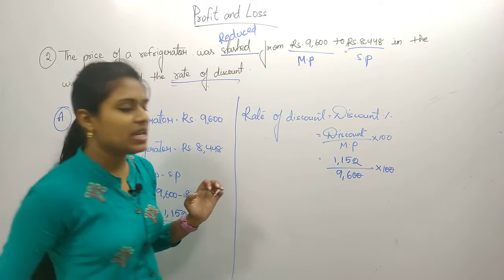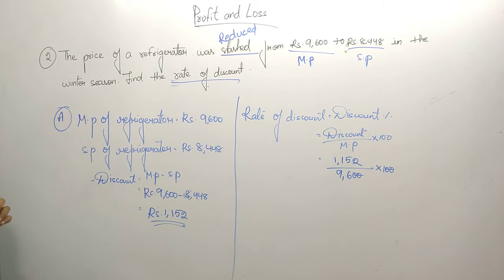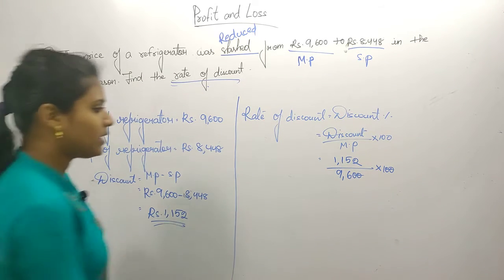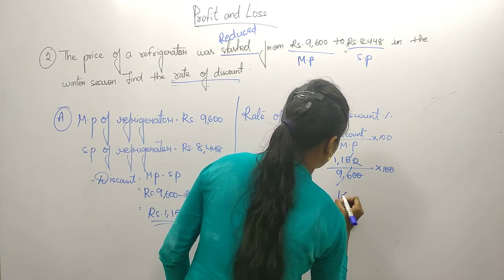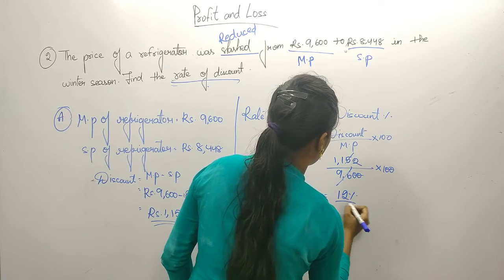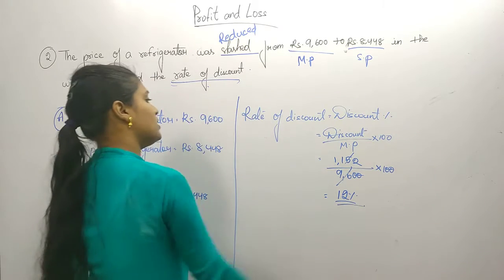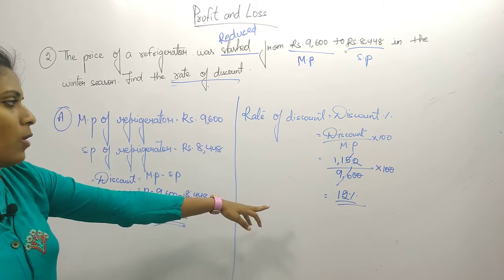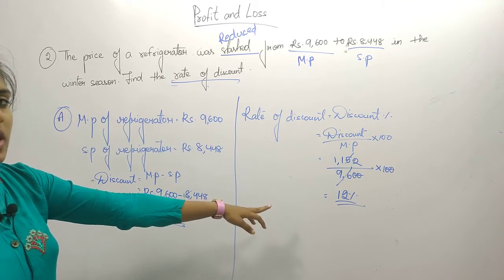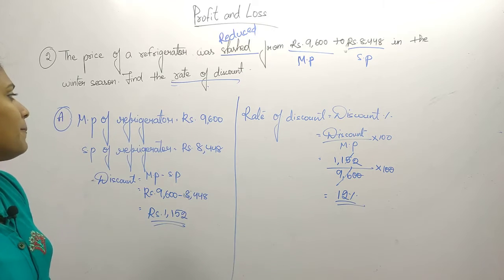After doing the cancellation, what answer will you get? By doing all this cancellation, the rate of discount you will get is 12%. Finally, he told us to find the rate of discount, and the final answer is 12%.